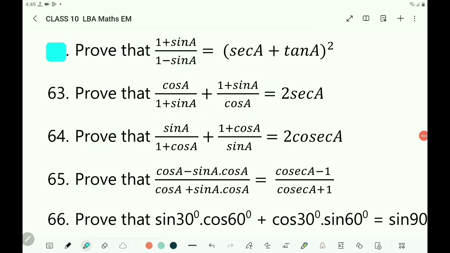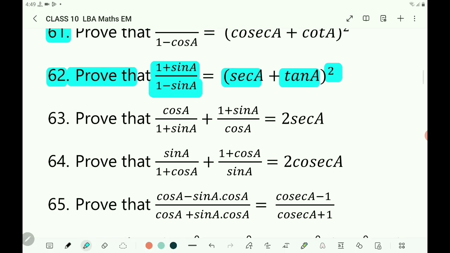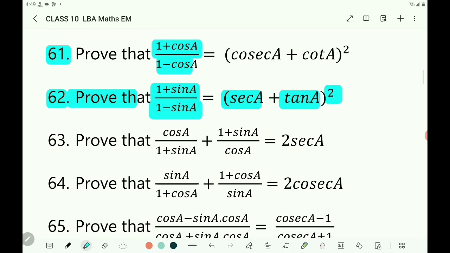Next you take question number 62. Prove that 1 plus sin A by 1 minus sin A is equals to secant A plus tan A whole square. This is same as this one.